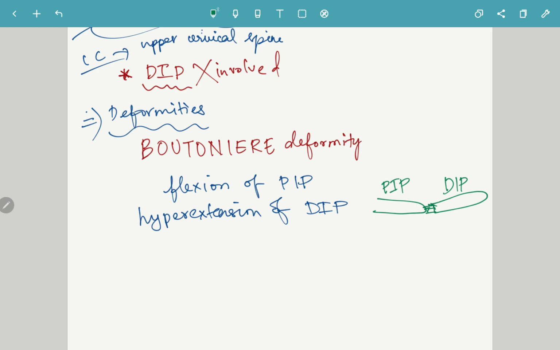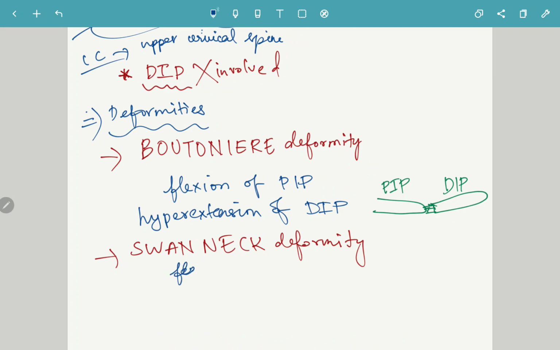Now moving on to the next favorite deformity. The first one is the boutonniere deformity. The next one is your swan neck deformity. The swan neck deformity is exactly opposite to the boutonniere deformity.